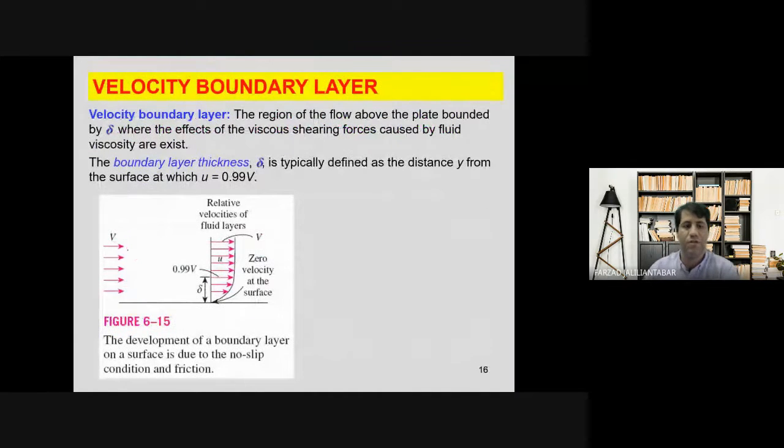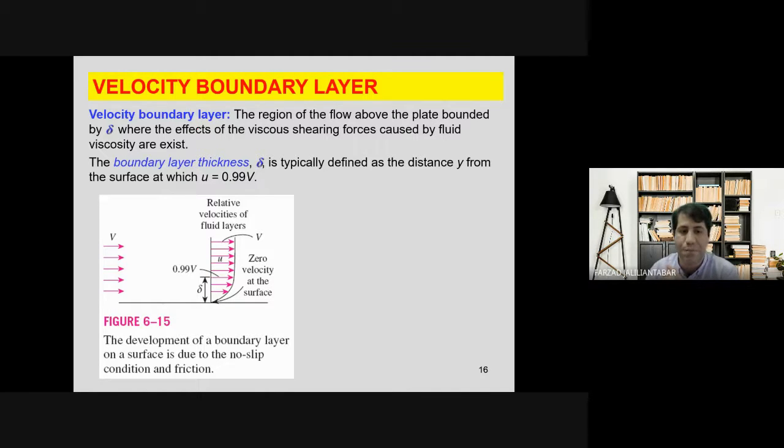the fluid flow reaches a surface, due to the friction, due to the contact between the fluid and the surface, there will be some changes in the fluid property. First of all, its velocity will change, so we will have a velocity boundary layer.